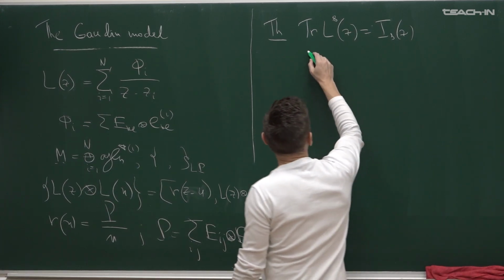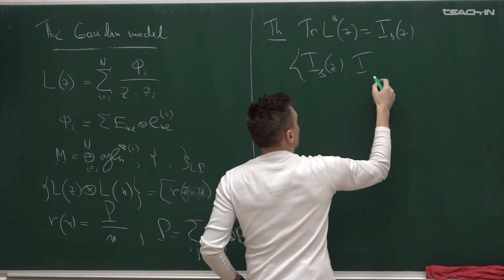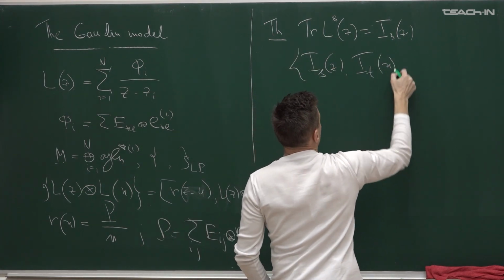So the statement was that I_s(z) Poisson commutes with I_t(u).